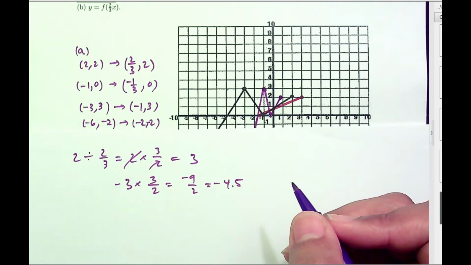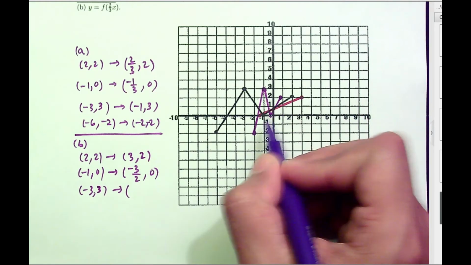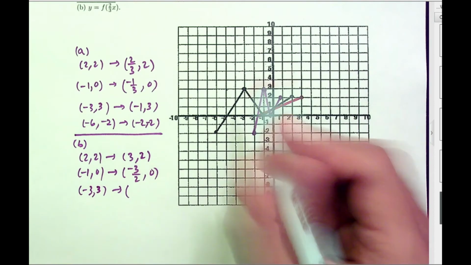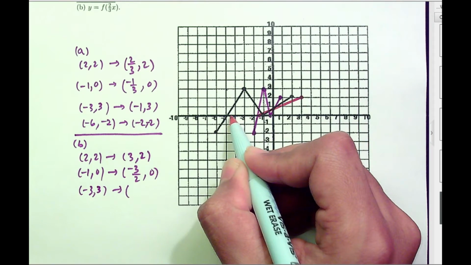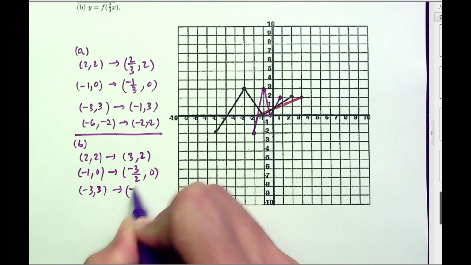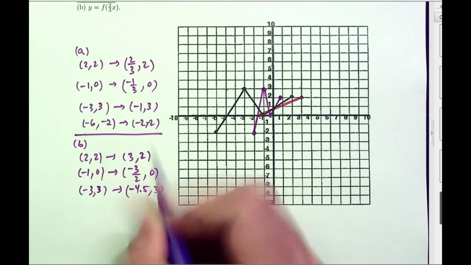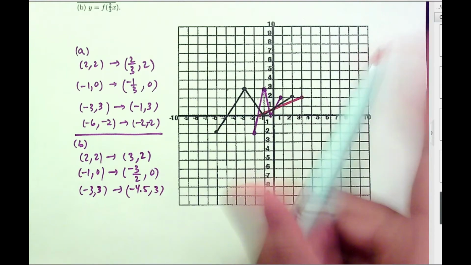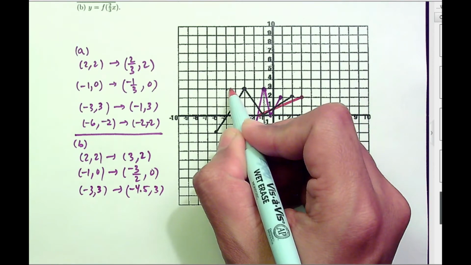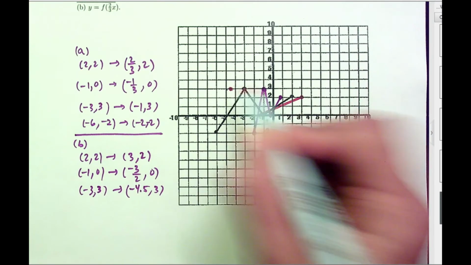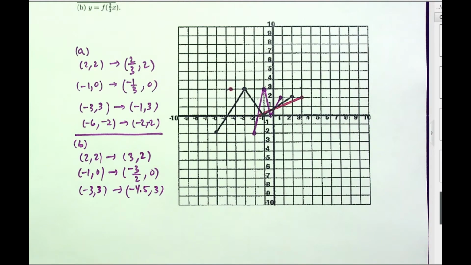So -4.5, where is that? -4.5 is right here. Oops, let me write that. -4.5, 3. Right there. Okay, then we connect.